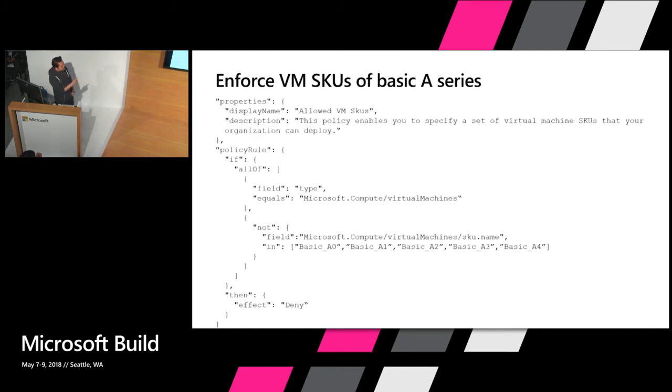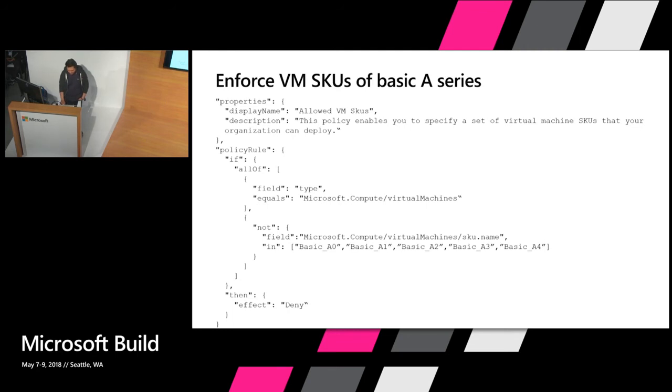Now, this is a policy that I was showing earlier, where I was enforcing the SKUs of the virtual machines. But in this case, I have added all of the values in a static fashion.